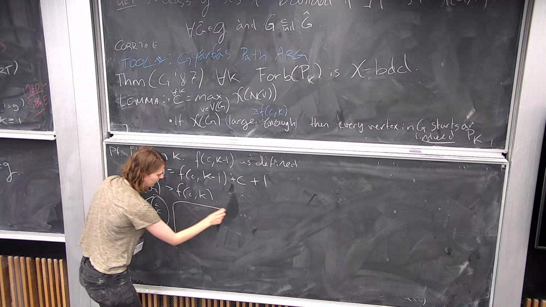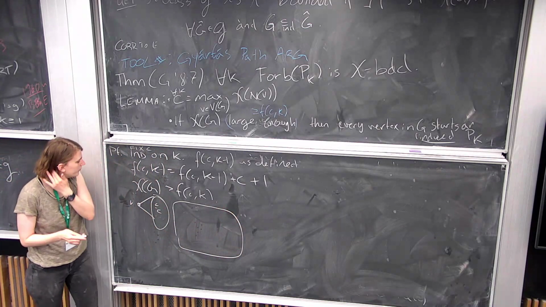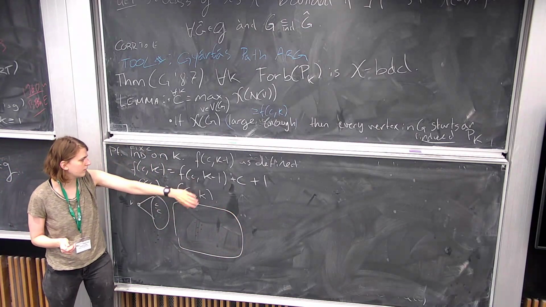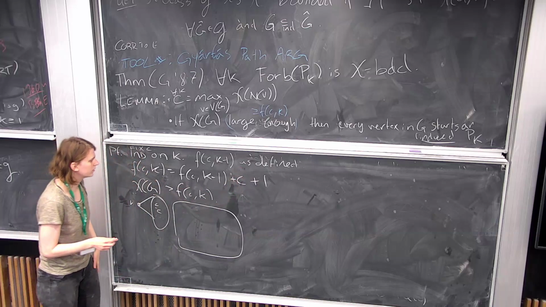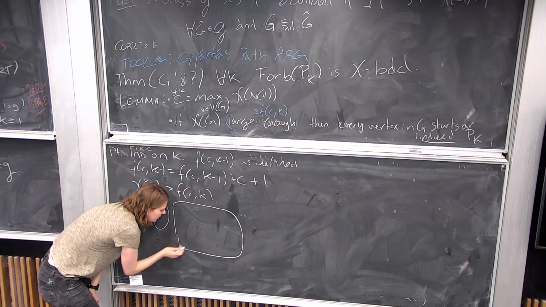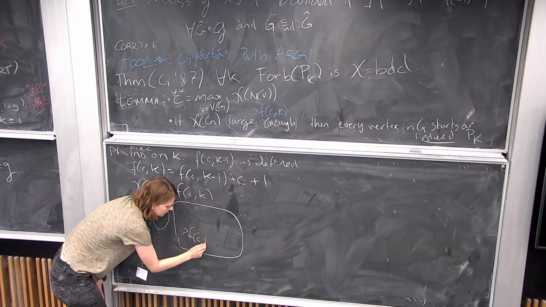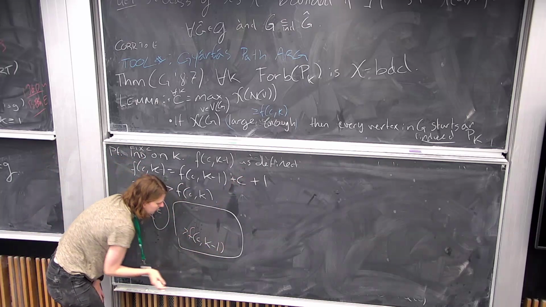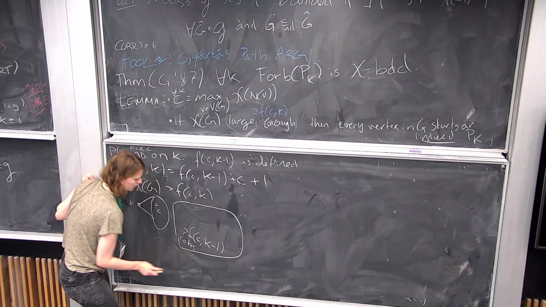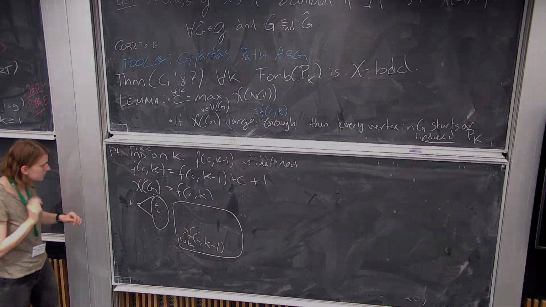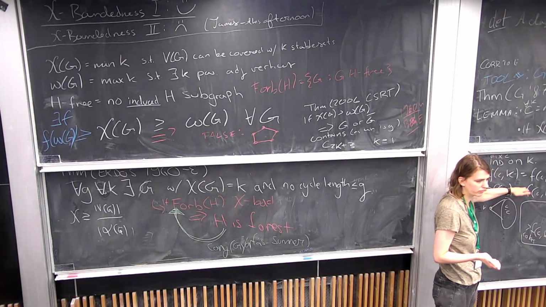So I'm going to take a maximum component in the rest of the graph. And that component has to have at least F of C, K minus 1 colors. And also, since we're assuming chi of G is at least F of C, K, we may as well assume that G is connected.